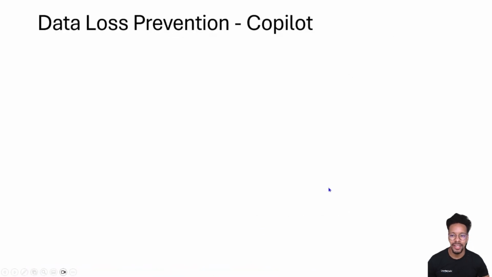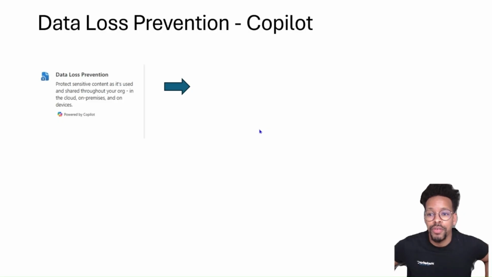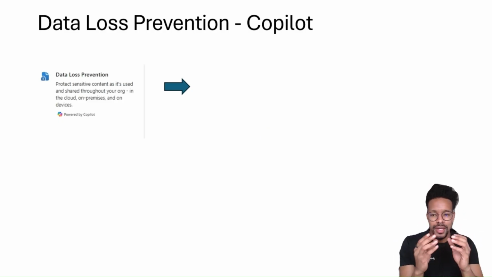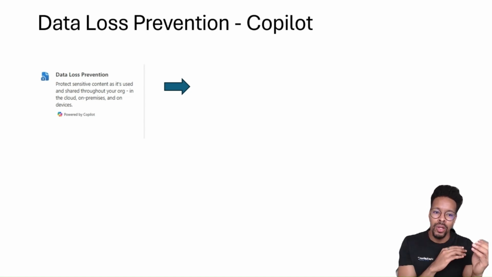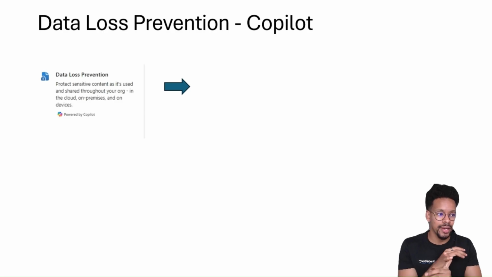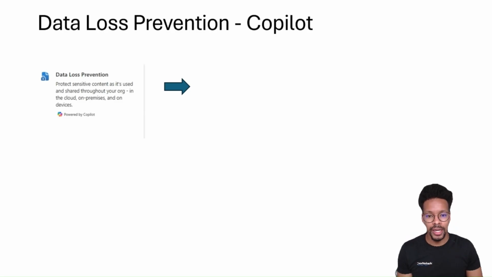We looked at the architecture. So data loss prevention policies will take content with some applied sensitivity label, and this content will be protected from being processed in the response summarization of the M365 Copilot.